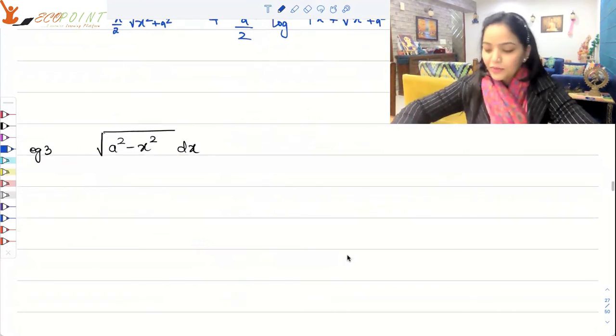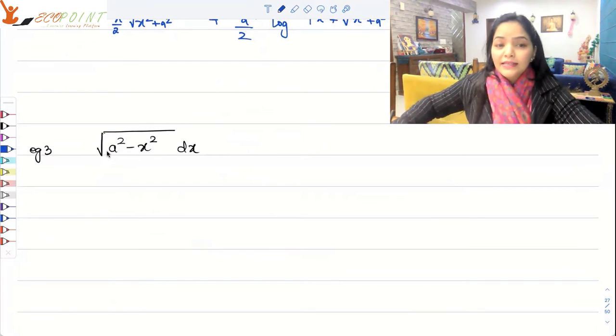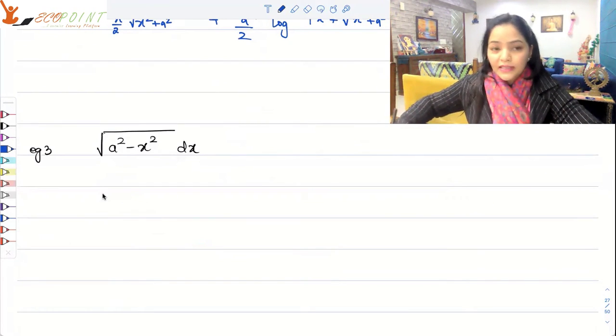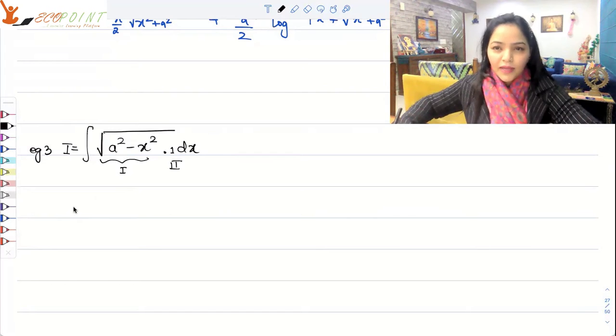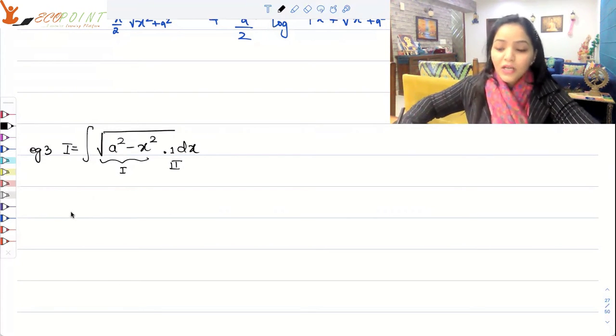And similarly, you can work out with square root of a square minus x square dx. Now again, if I is equal to this integral, then you can take this as 1 and you can take 1 as 2 and you can again work it out. But this time you will have a different integral because in the denominator you'll have square root of a square minus x square. So let's see what you get.